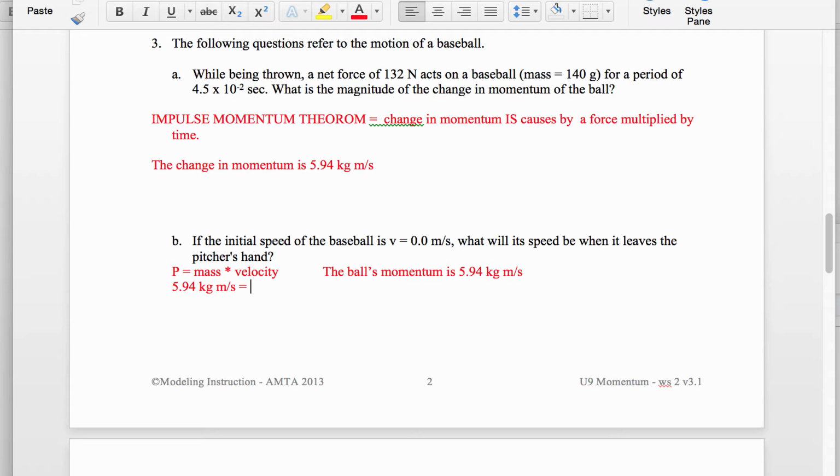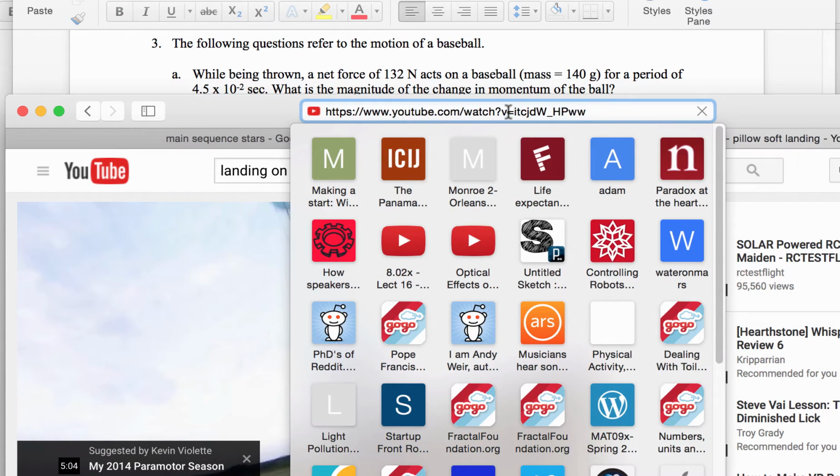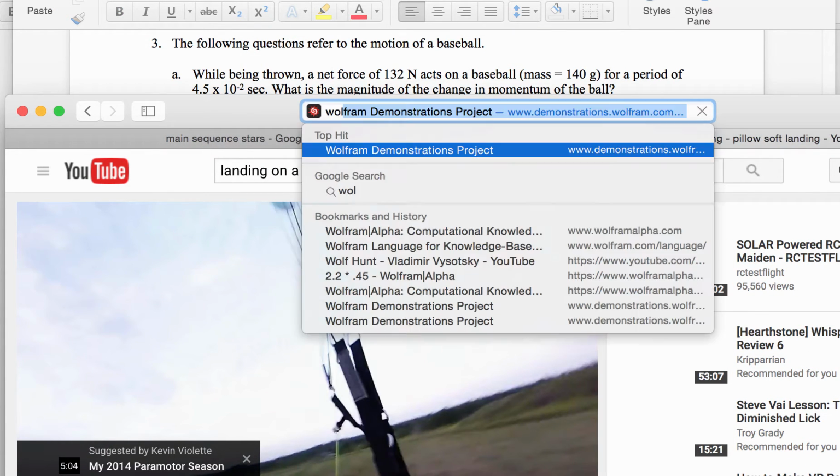And do we know the mass of the ball? Yeah, we do, 140 grams. But we don't write things in grams, we write things in kilograms. 140 grams is the same as 0.140 kilograms. If you don't like converting units, a lot of places can do it. My favorite website is Wolfram Alpha.